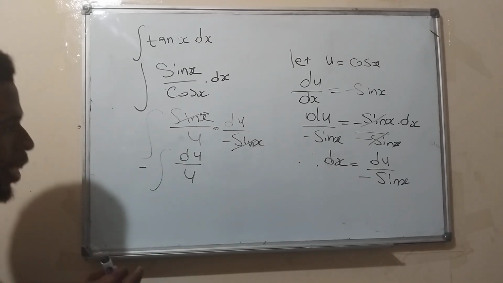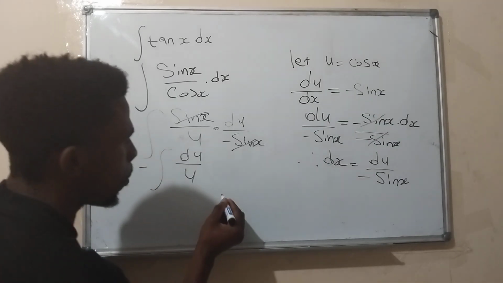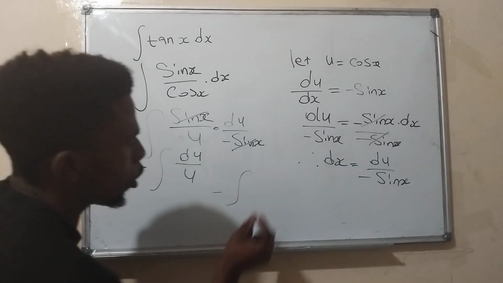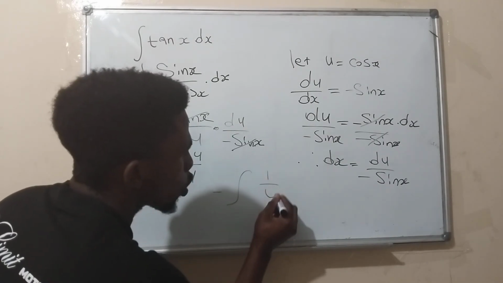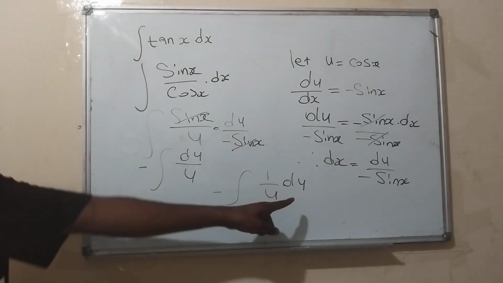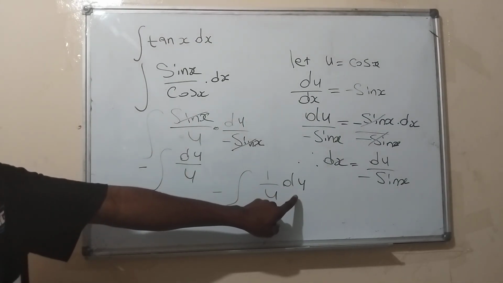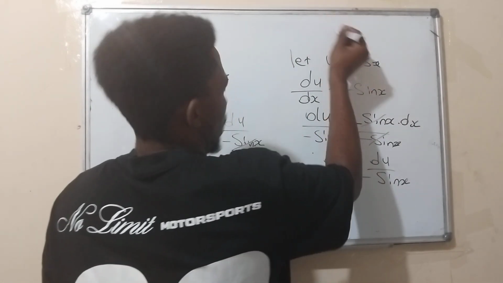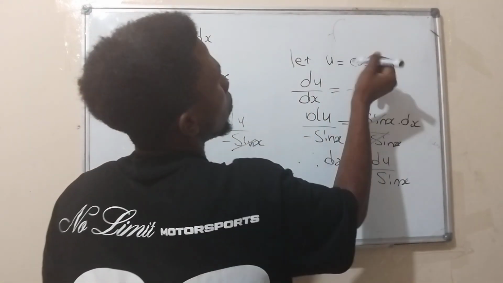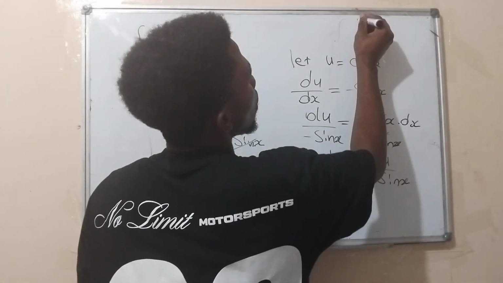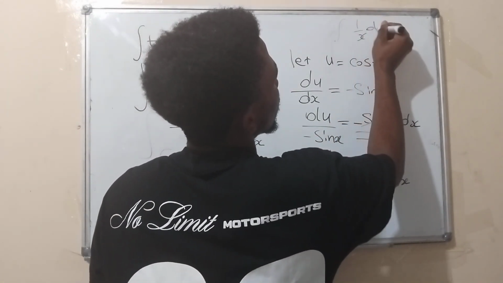which means this can also be written in the form of negative integral of 1 over u du. What is the integral of 1 over x?